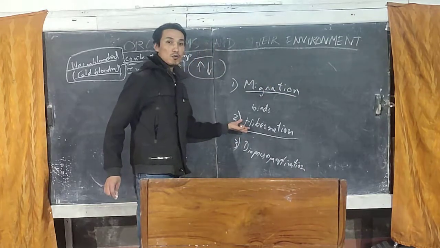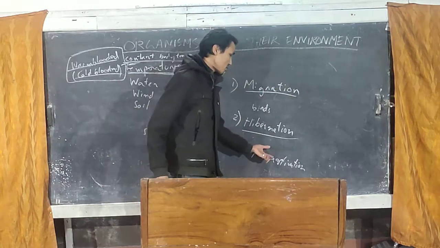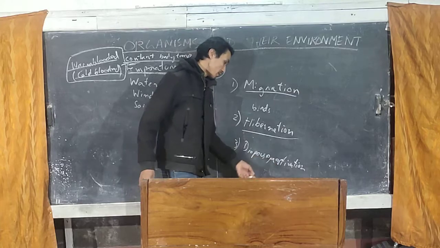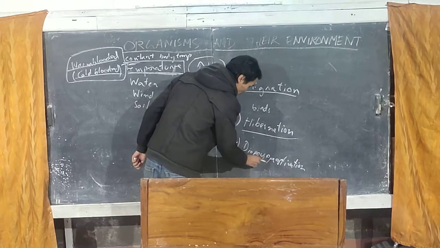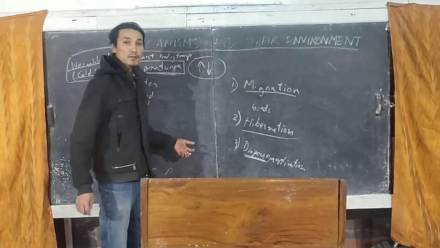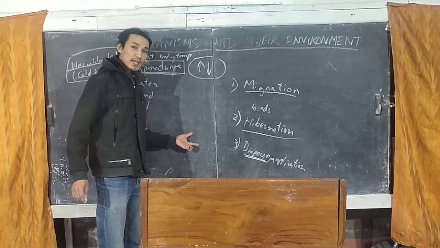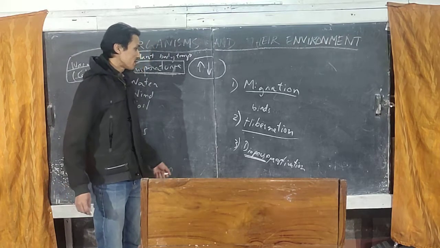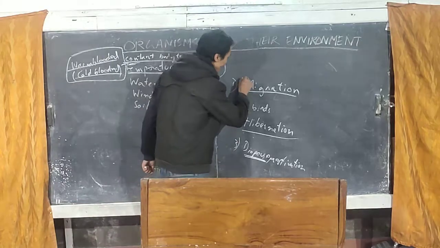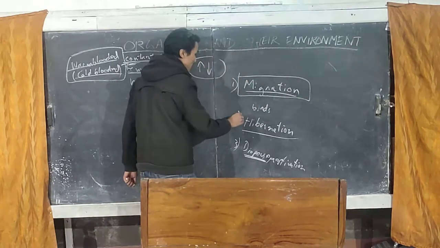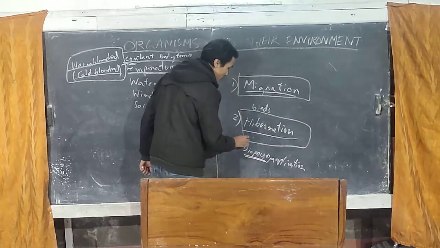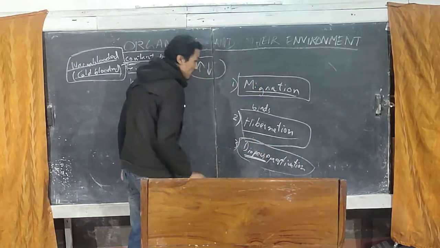Hibernation occurs in the colder months, and estivation is just the opposite of hibernation, it occurs in the warmer months. Diapause is suspension of temporary activity. It is common in insects. So these are the three main methods utilized by animals to cope with the changing environmental conditions.